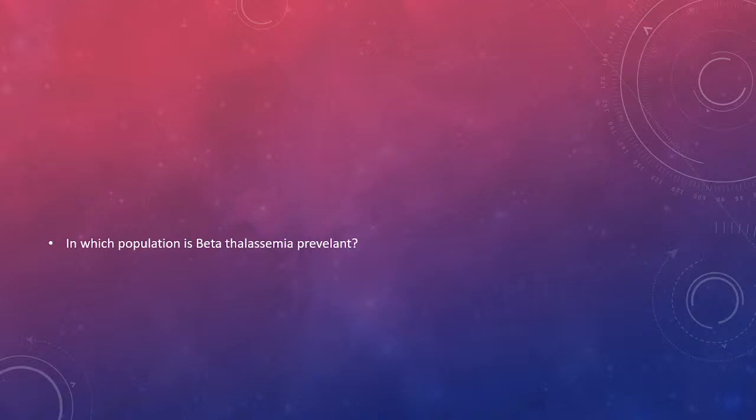All right. Beta thalassemia is prevalent in Italians or the Mediterranean population. Why is it common in the Mediterranean? Because, historically, people in the aristocratic level from the Mediterranean usually married their relatives in the Middle Ages and even sometimes in the Renaissance period.